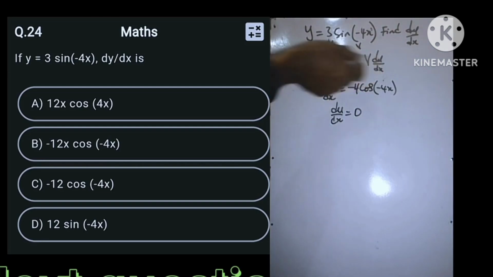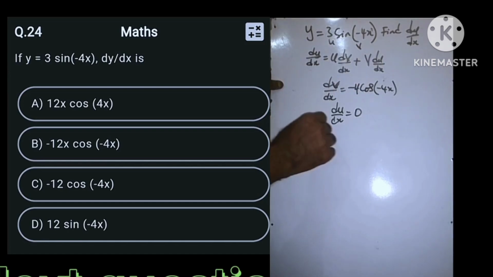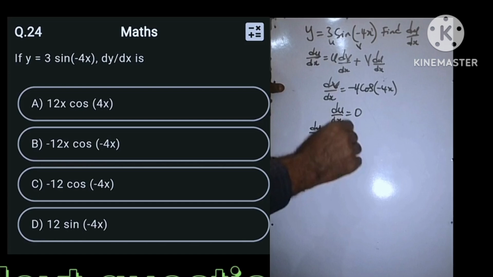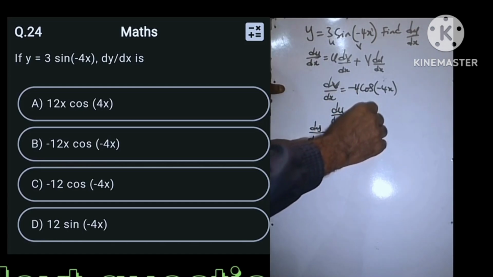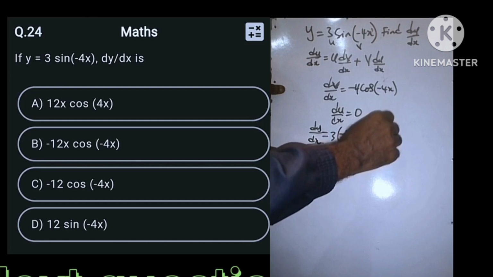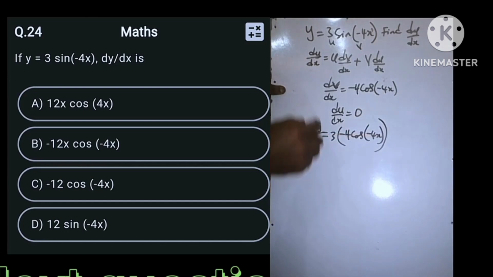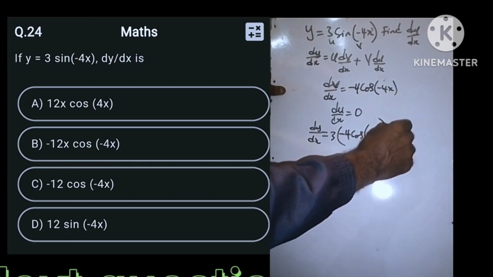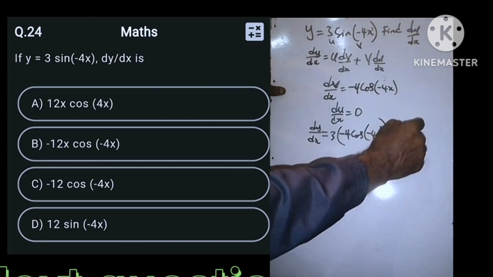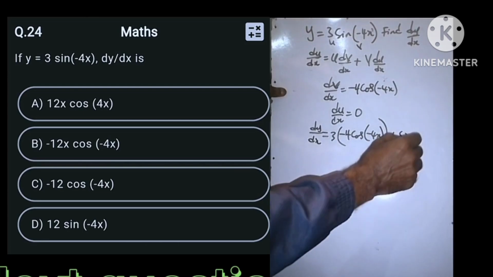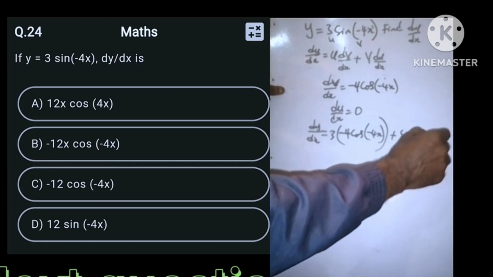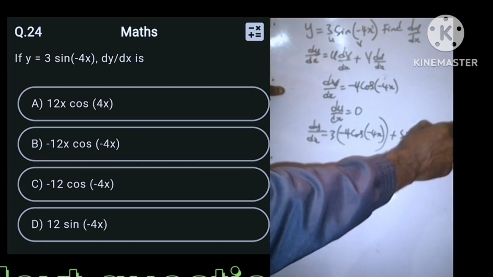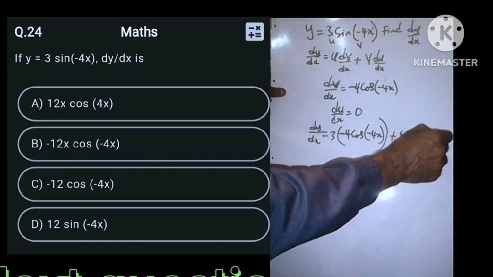So let's fit it to this formula. We say dy/dx is equal to u is 3. The dv/dx is minus 4 cos bracket minus 4x. Then plus v. Our v is sine bracket minus 4x, bracket the du/dx is 0.